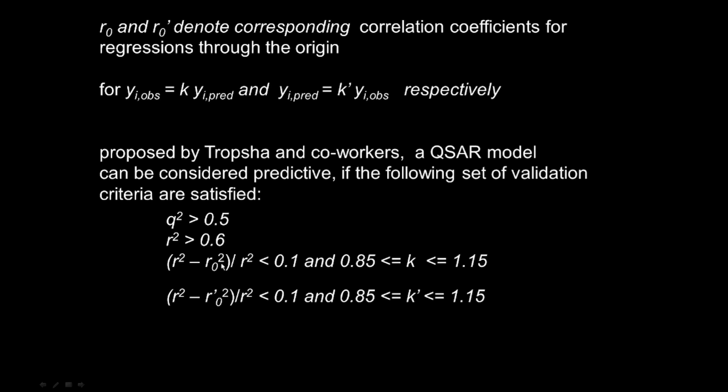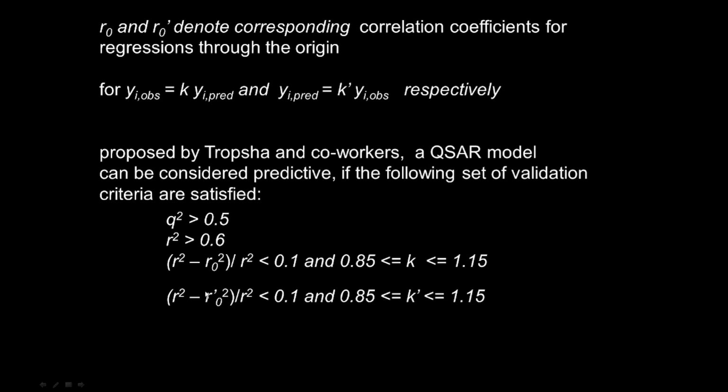R0 square, as I said, is when you calculate the R square when you force it to pass through the origin. Here you have R dash square when you force it to pass through the origin. For R dash, you develop a model between predicted and observed, whereas here you are developing a model of observed versus predicted. In both cases, K and K dash should be very close to 1, that is 0.85 to 1.15.